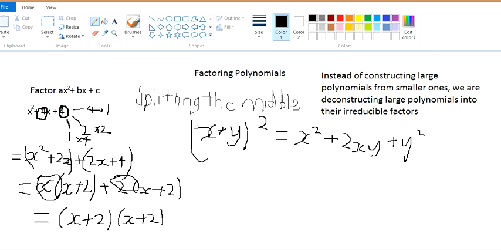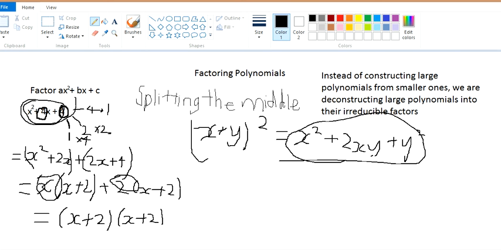Now this pattern is very applicable to certain polynomials that you will see in the class, and so it is important to know this and also its sister form, which is x minus y squared is equal to x squared minus 2xy plus y squared. So be sure that you know this form and its sister form in order to very easily factor polynomials such as these.